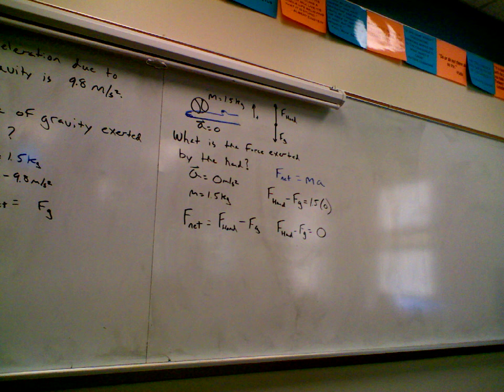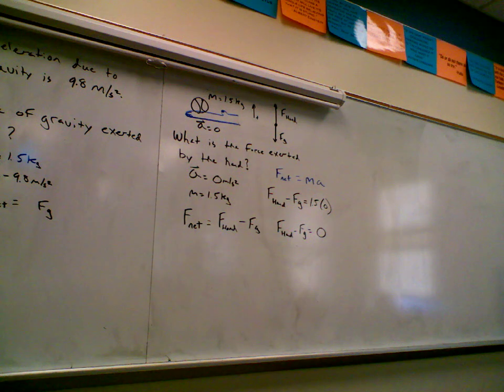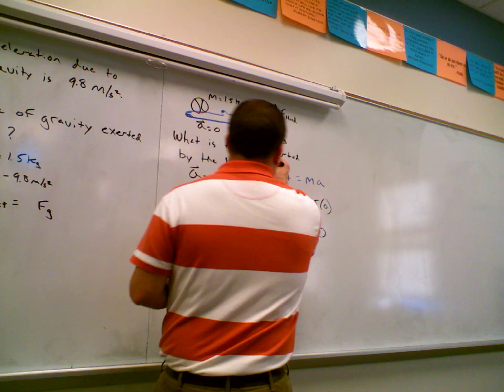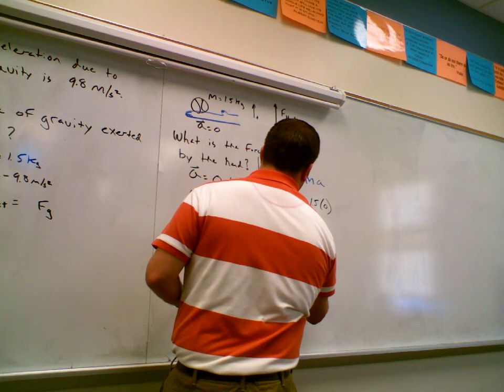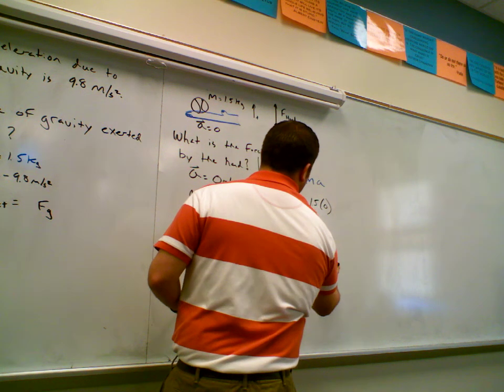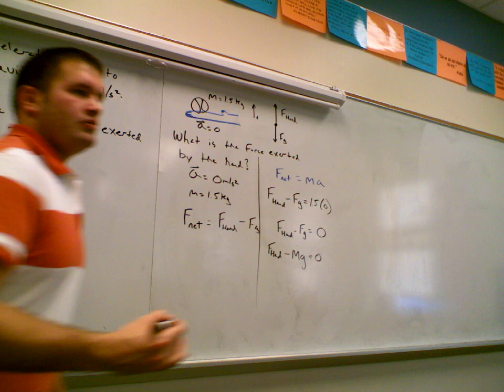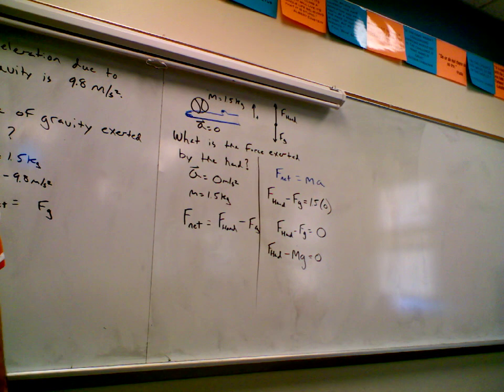It's mass times acceleration due to gravity, right? So we know the force of the hand minus mg equals 0. Right? Does that make sense, guys? Okay. So the force of the hand minus mg.